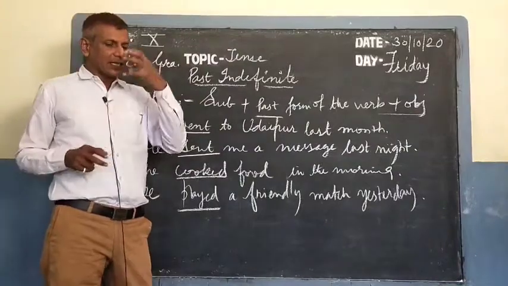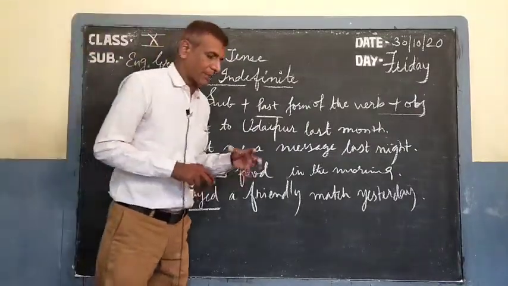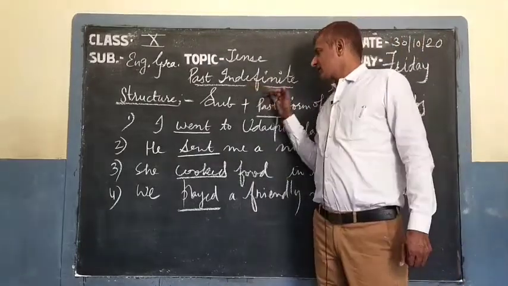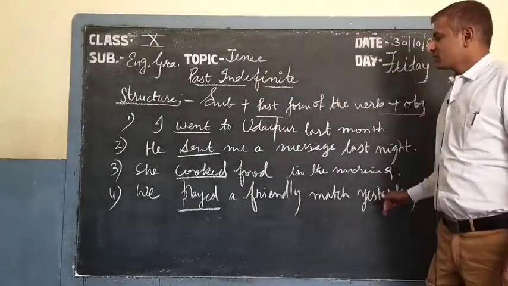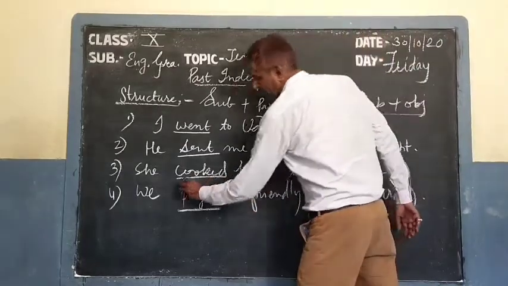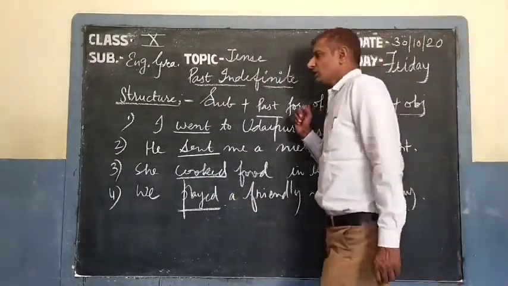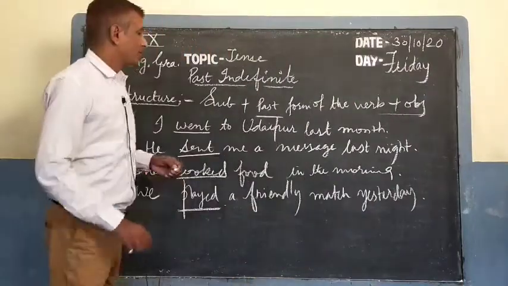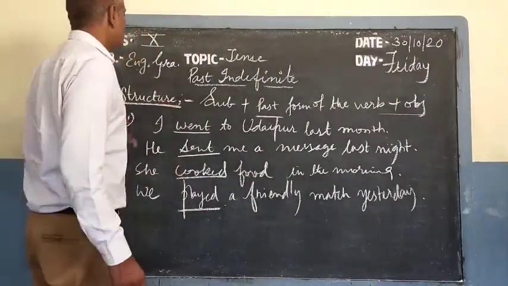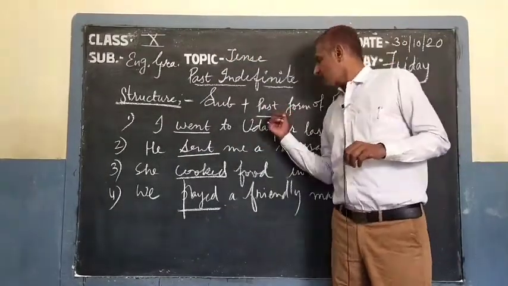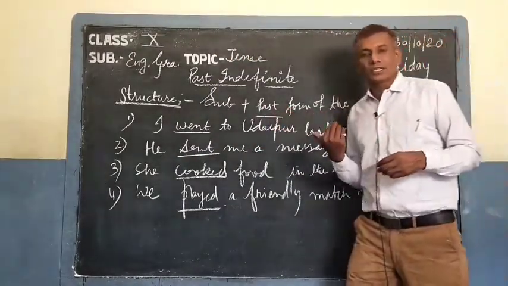It tells exactly the point when the thing happened in the past. So this way we use the past indefinite. These are all examples of past indefinite. So this is the first thing: the structure is subject, past form of the verb, and the object.